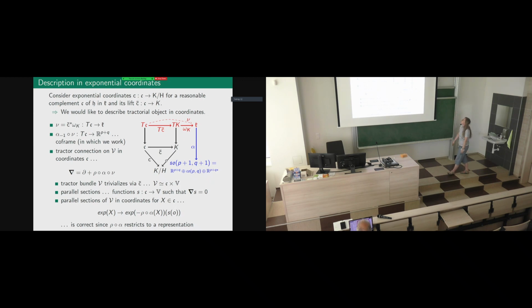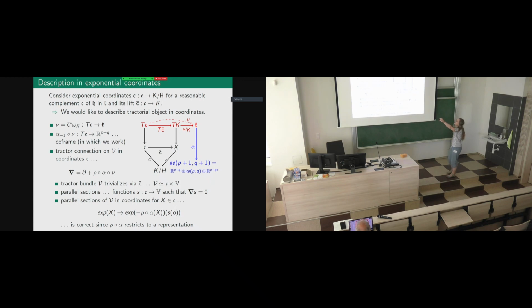So we have a map from TC to TK, and of course composing with the Maurer-Cartan form of the group K, we get a map that I call nu. It's a map from TC to K, and having fixed this map, I can describe in coordinates all other objects. So I'd like to describe the tractor objects in these coordinates.